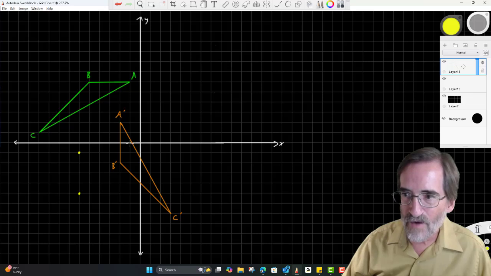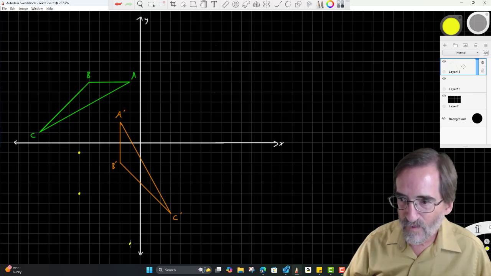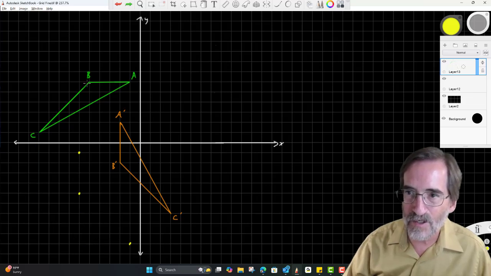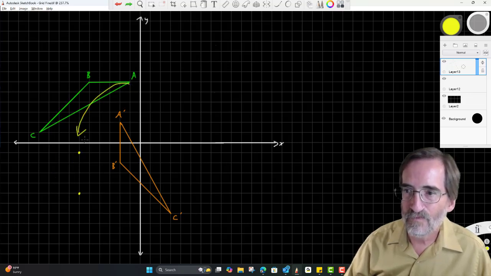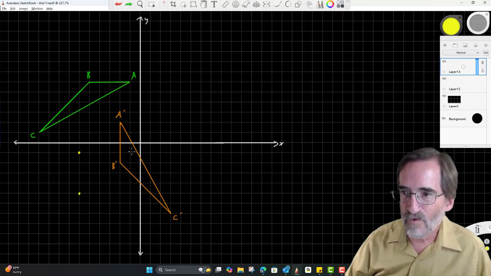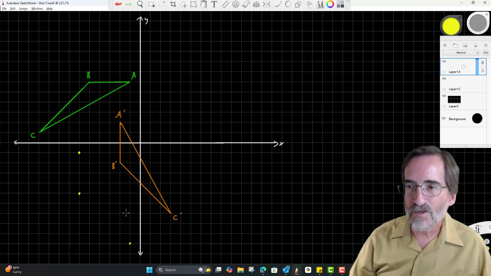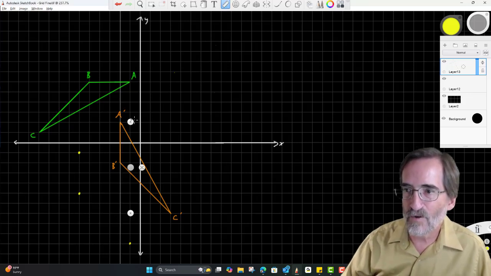So we're going to go left 1 and down 10. 2, 4, 6, 8, 10. We're doing a 90-degree rotation on C, a 90-degree rotation on B, and a 90-degree rotation on A. So that's the result of the rotation.